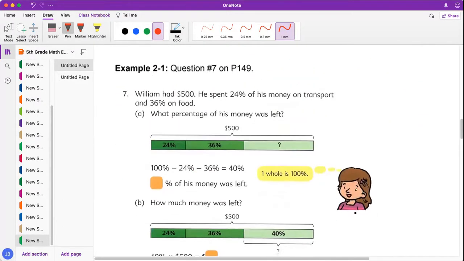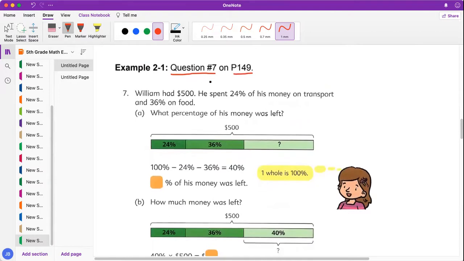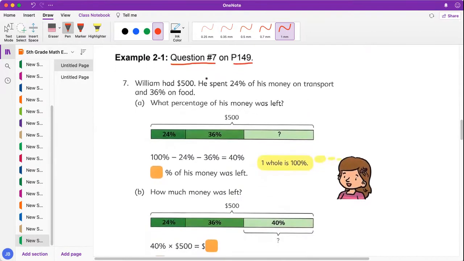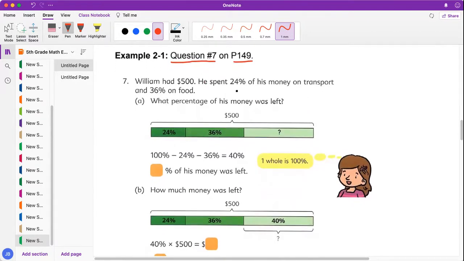So our next one is question 7, and this is on page 149. It says William had $500. He spent 24% of his money on transport and 6% on food. So what percentage of his money is left? We can see here that 100% is all of it.